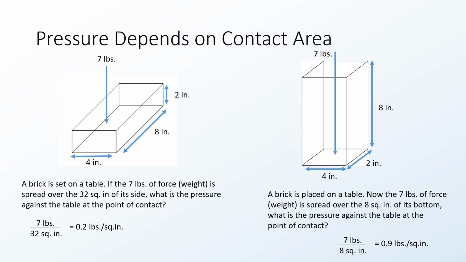However, if you take that same brick and turn it on its end, that 7 pounds of force is now spread over 8 square inches. You run the same calculation, 7 divided by 8 this time, and you'd have 0.9 pounds per square inch. So the orientation can definitely impact the force that's applied.